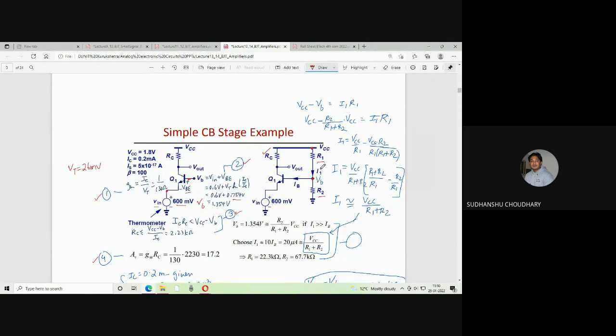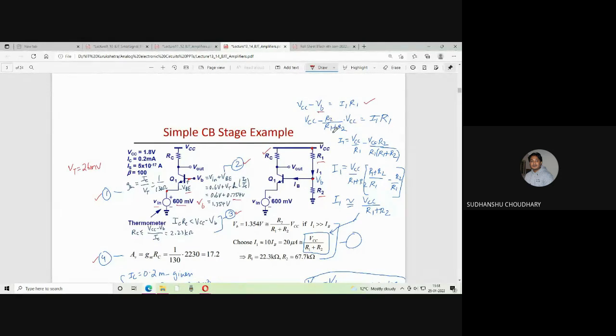But VB we can write differently, because we have R2 and R1 both, so VB can be written as the Thevenin voltage. One can use Thevenin's theorem to find VB, as we had done for calculating the Thevenin voltage. So one can write VB as VCC times R2 over R1 plus R2.